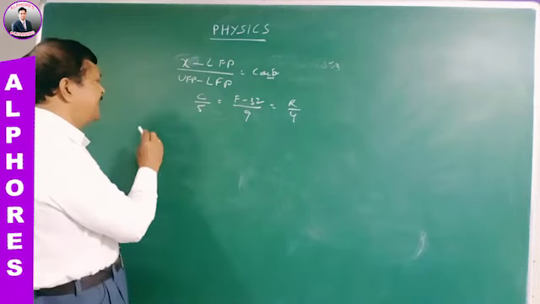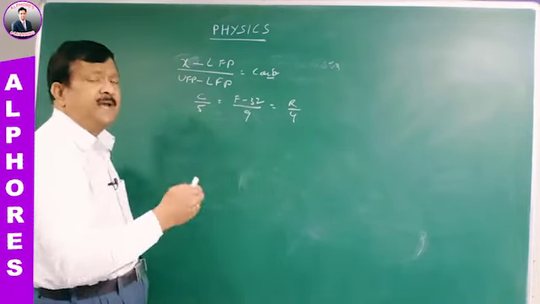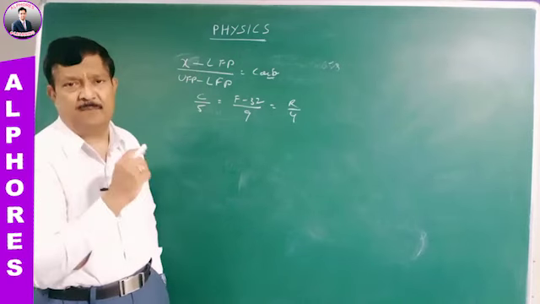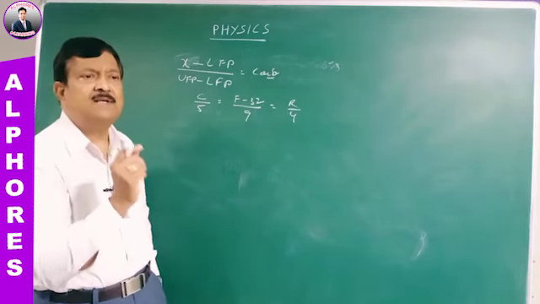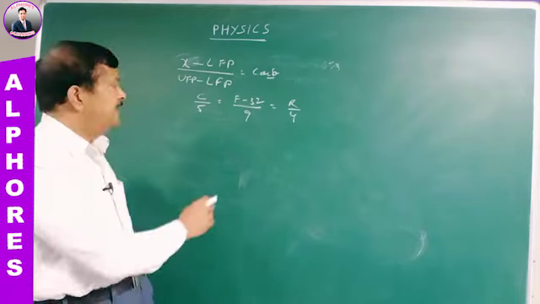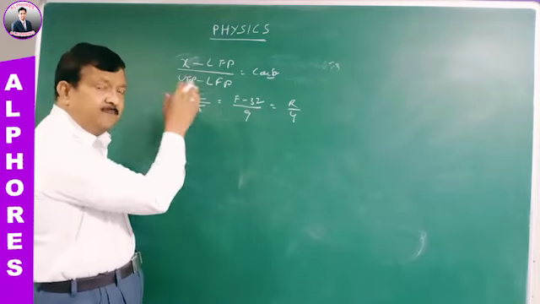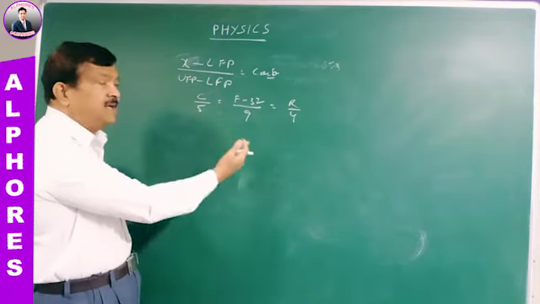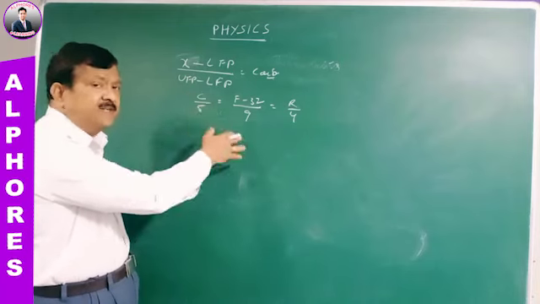Let us consider a case where I am measuring the temperature of a body using a thermometer made in the centigrade scale and another one which is graduated in the Fahrenheit scale.